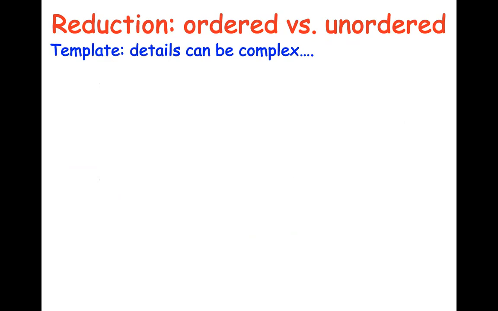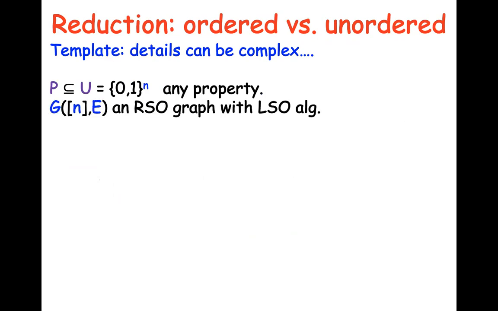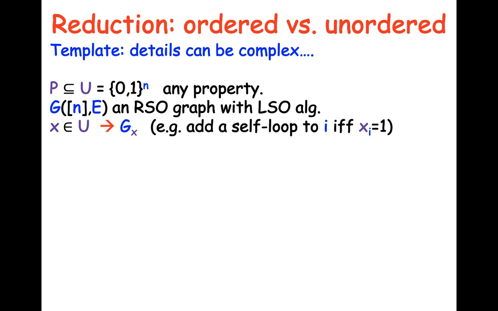And having these tools, the reduction sort of suggests itself. I'll tell you the template, the details can be complex. But basically, you start from a property of unordered structures, like sequences, binary sequences of length n. You fix one of these RSO graphs that has a local self-ordering procedure, and embed the sequence in it, simply labeling every vertex with a bit sitting on this coordinate.